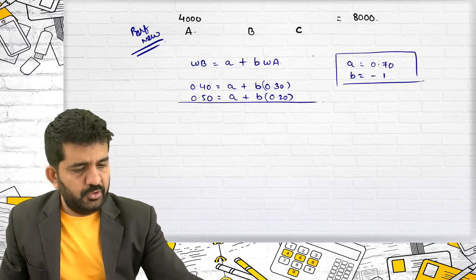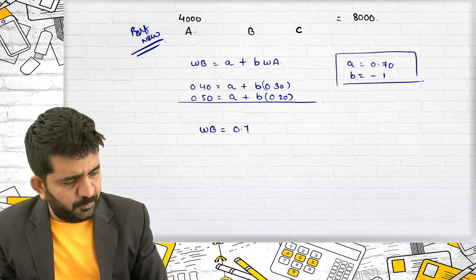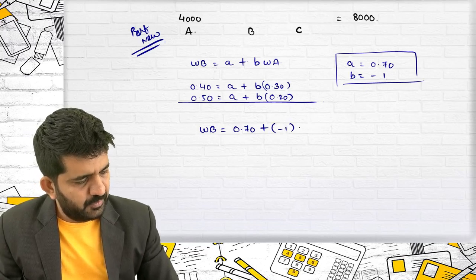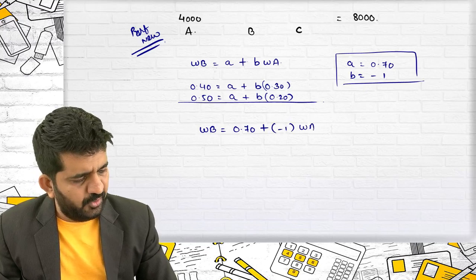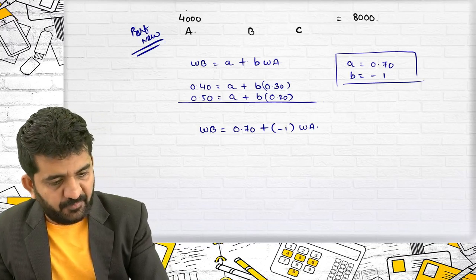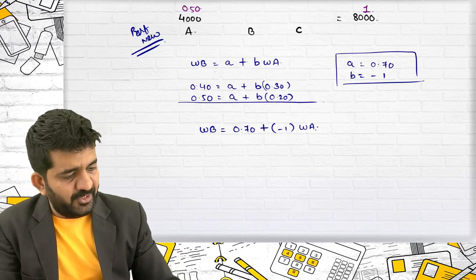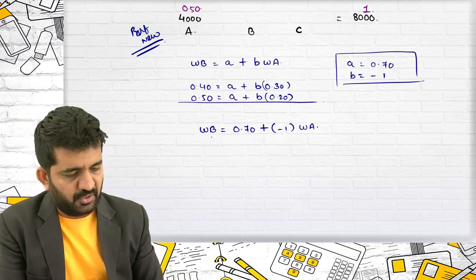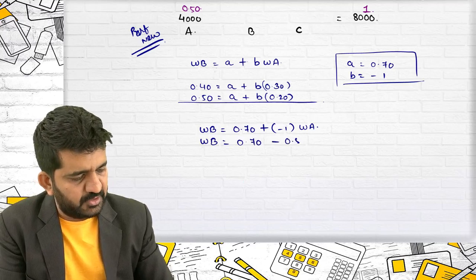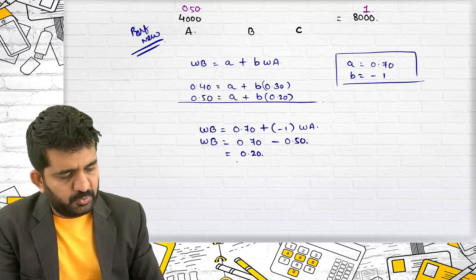So the new portfolio weight of B should be 0.70 plus -1 into weight of A. The weight of A is already there, it is 0.50. So weight of B will be 0.70 minus 0.50, which is 0.20, that is 20%.